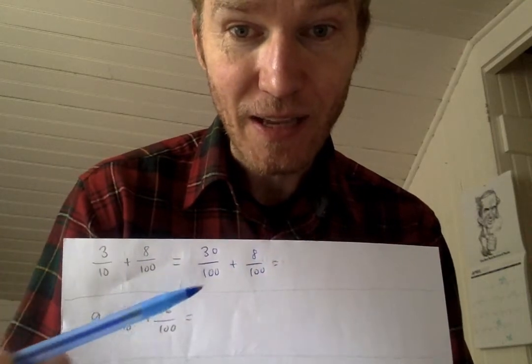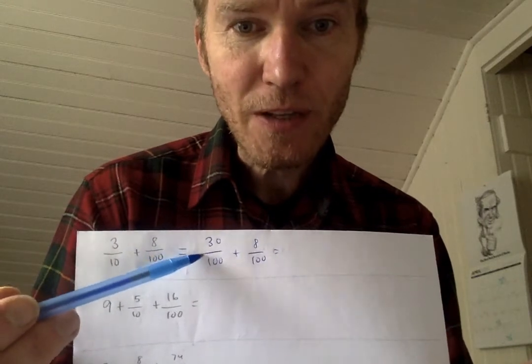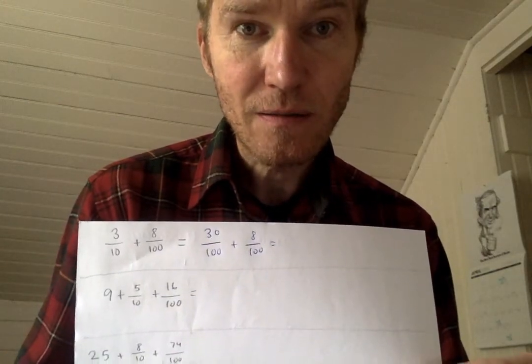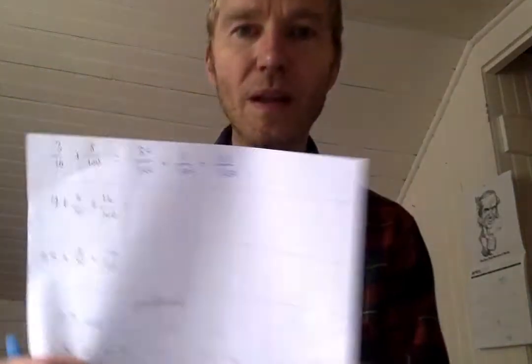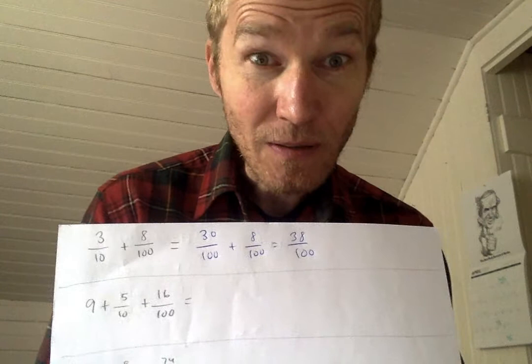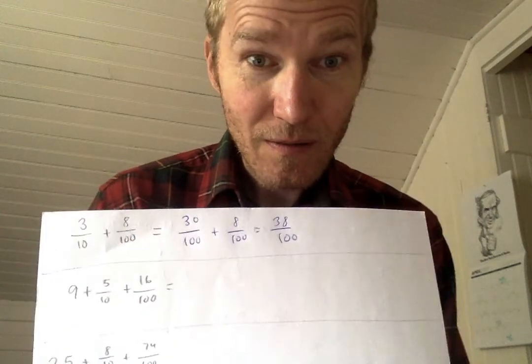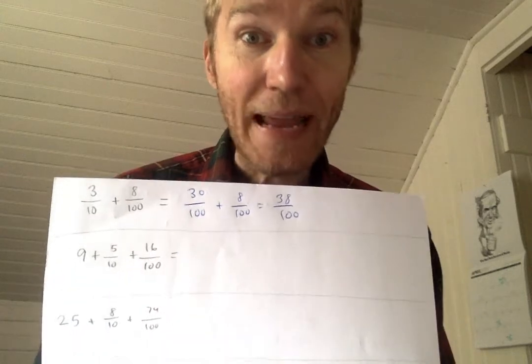So what's 30 hundredths plus 8 hundredths? 38 hundredths. Can we put that into a decimal? Sure. It's 0.38. Make sure the 8's in the hundredth spot.